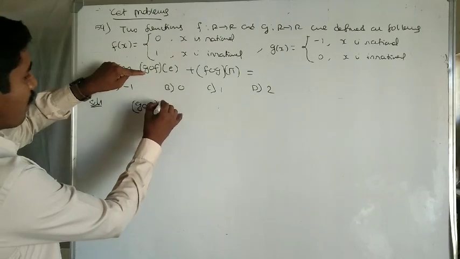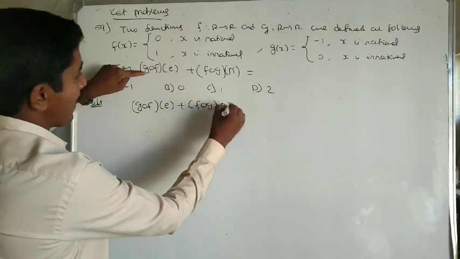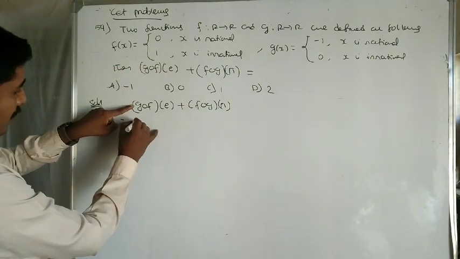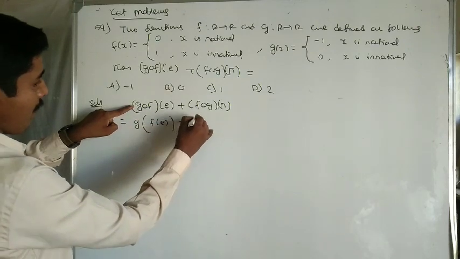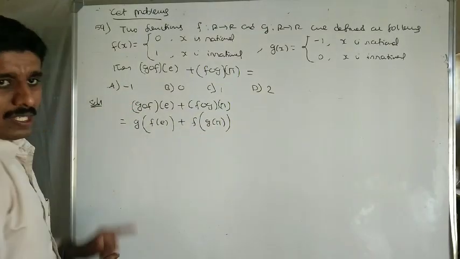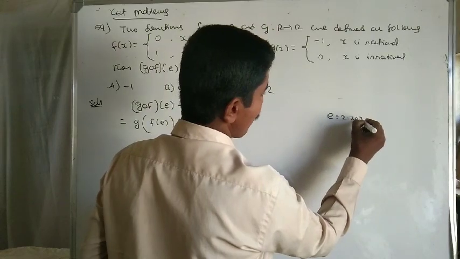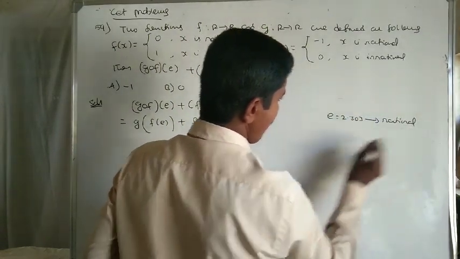gof of e plus fog of pi. This can be written as g of f of e plus f of g of pi. One thing to mind: e value is 2.303, clearly e is a rational number.